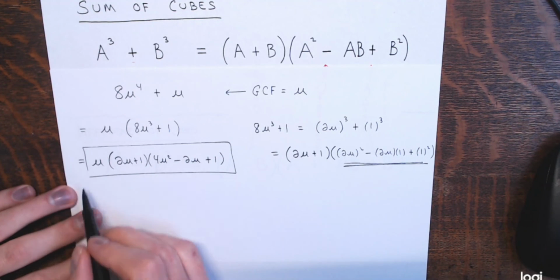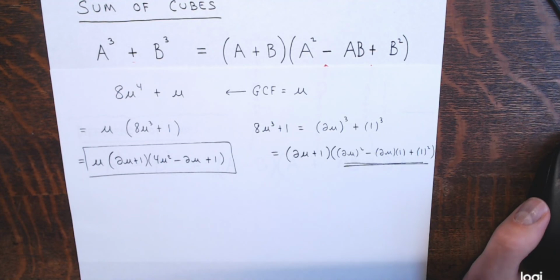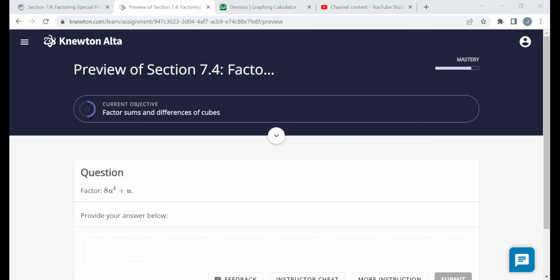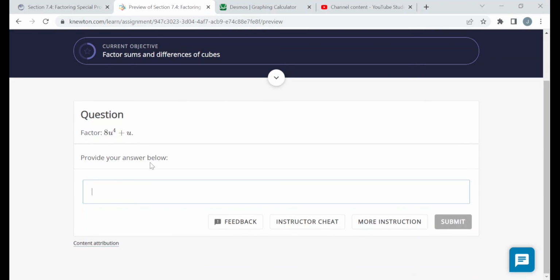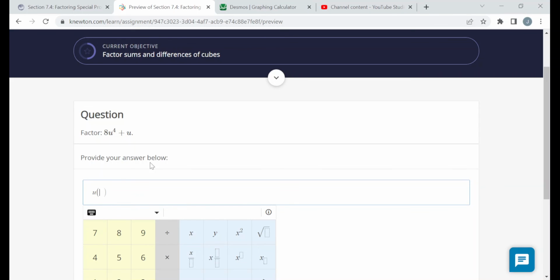And there's how this polynomial factors completely: the GCF of u times 2u plus 1 times 4u squared minus 2u plus 1. And there we go.